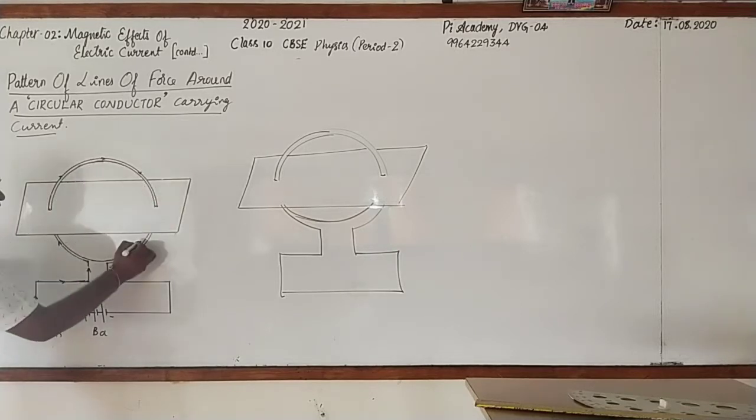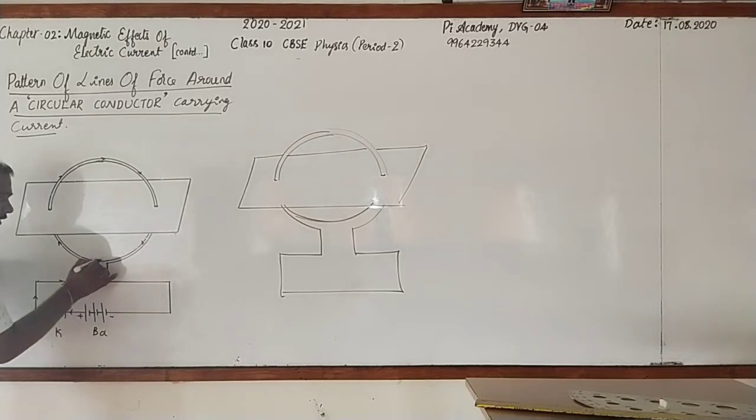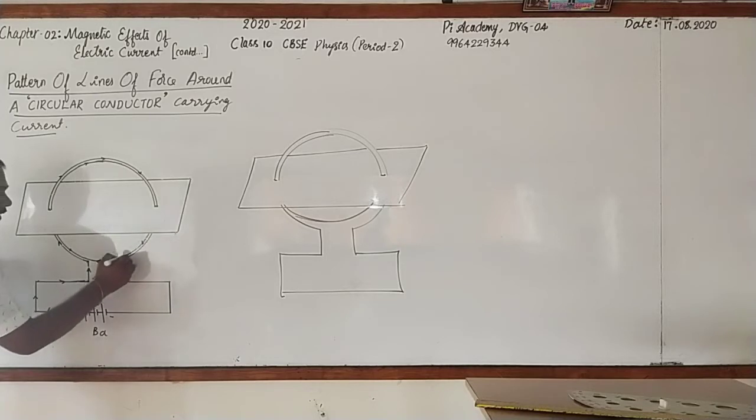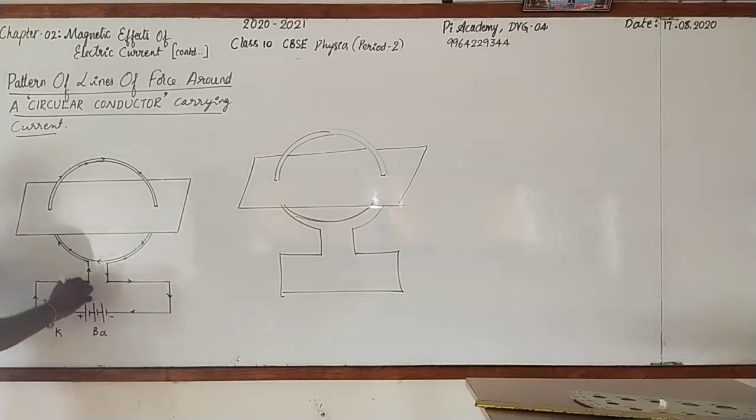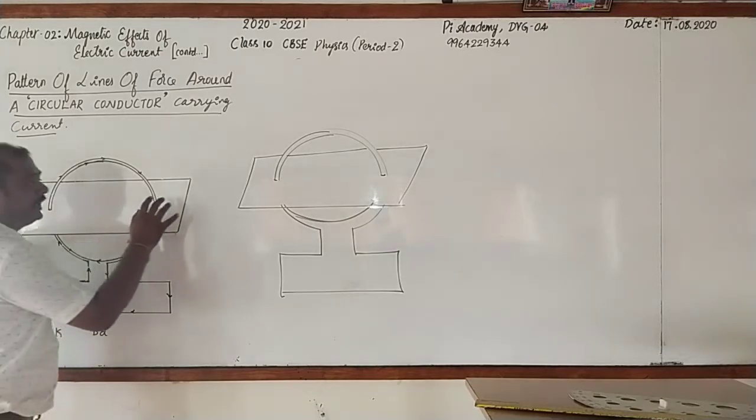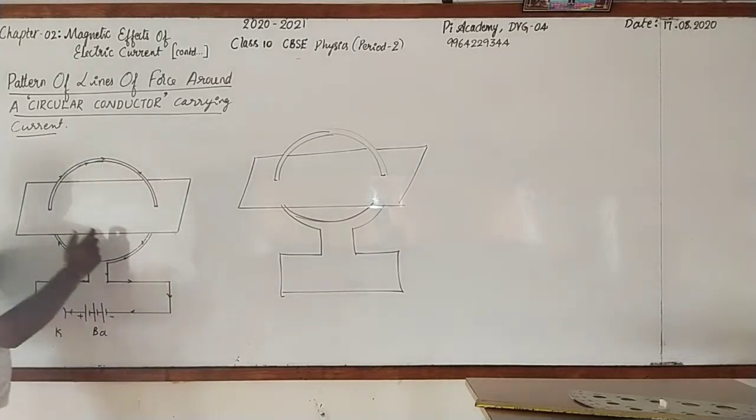Then it comes inside, then here, then it goes there, and finally it comes here. Clear? So the direction of current is from the positive terminal to the negative terminal. Then go for tapping the cardboard once or twice.